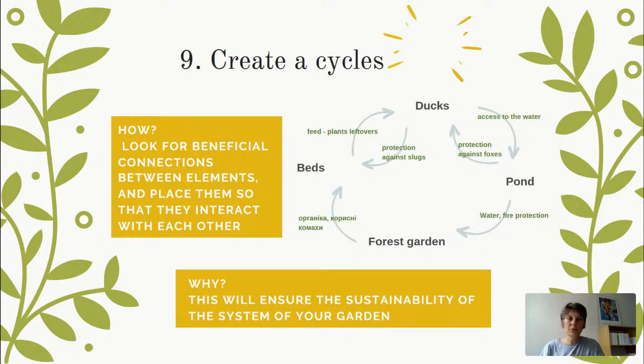So it's all about these circles, and then we think how we can combine these elements in our system, on our site. So okay, ducks need to be close to the pond, they need to be close to the garden beds, and so on. Yeah, so this will ensure the sustainability of the system of your garden.